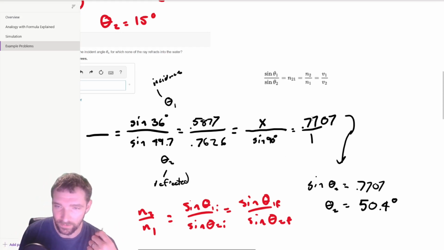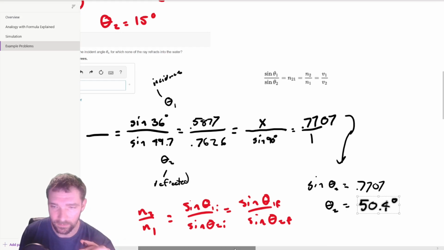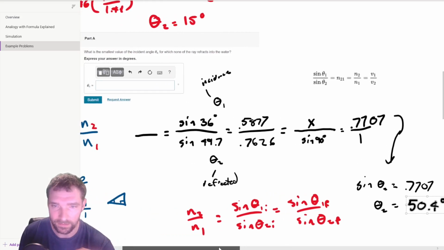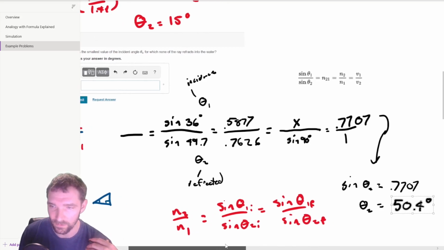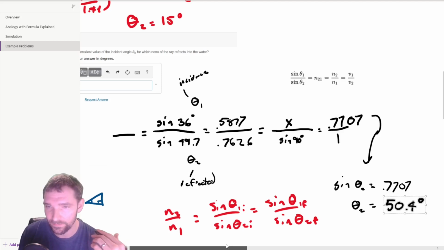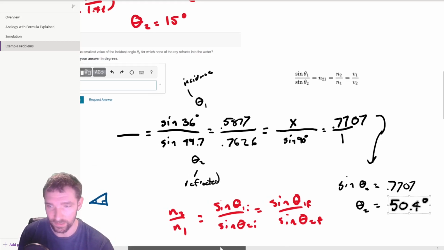So these angles should have the same ratio between the two. And so we were able to isolate for that and say, okay, what would X be? Well, that would be the value of the sine. And if we then do the reverse sine function, you can see that that would be 50.4 degrees, which should conceptually make sense. There's a smaller angle for the one that is more dense and a bigger angle for the one that is less dense, which corresponds to what we were saying earlier.